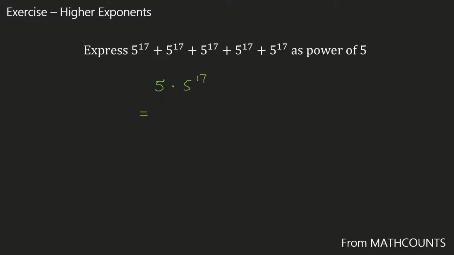Okay, 5 is equivalent to 5 raised to the power of 1. Then we have multiplied by 5 raised to the power of 17. So from the previous lecture, we know that this is equivalent to 5 raised to the power of 1 plus 17, which is 5 raised to the power of 18. And this is our final answer.